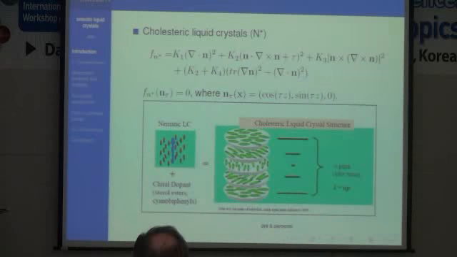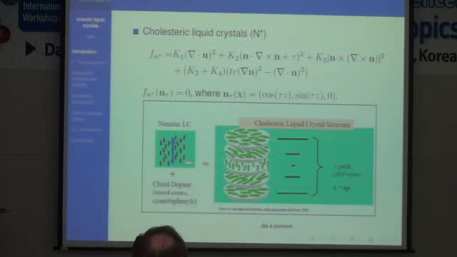I'm showing this picture for cholesteric liquid crystals because I believe the experimental work done on undulation phenomena used cholesteric liquid crystals instead of smectic materials. By putting this tau into the twist deformation, this becomes non-zero, so it favors the twist deformation. This is the picture for cholesteric liquid crystals, and you can understand this as the half pitch.